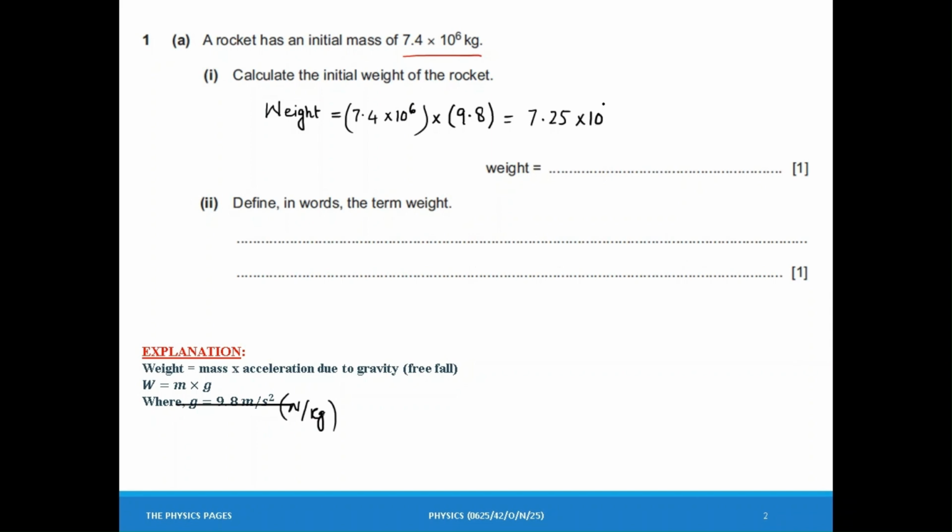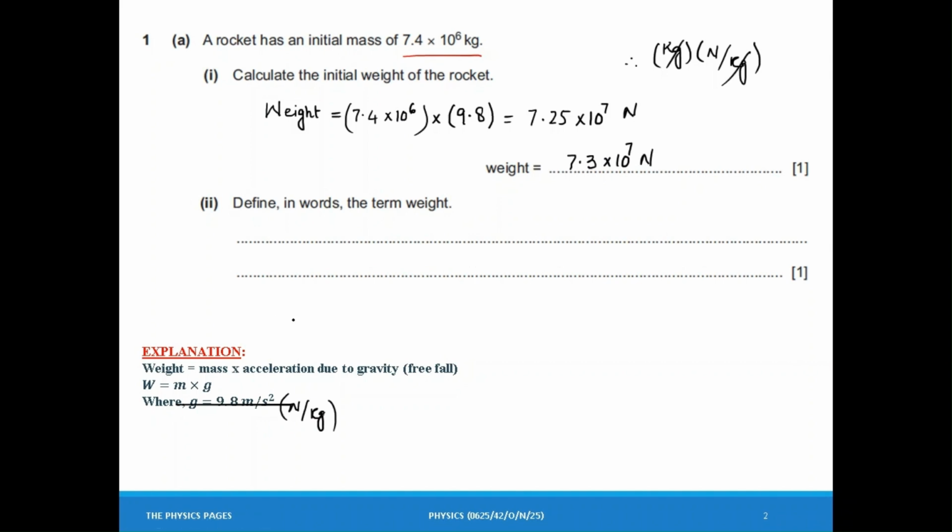When we talk about the units, the unit of mass is kilogram and the unit of gravity is Newton per kilogram. So the kilograms cancel and the weight unit will be Newton. I can write it in two significant figures as 7.3 times 10 to the power 7 Newton.